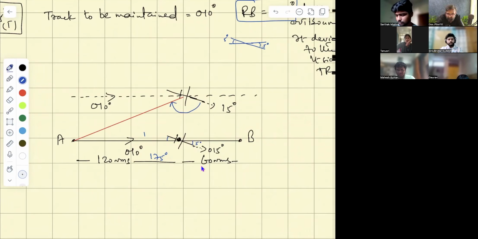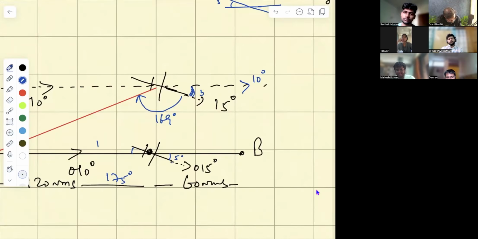How much have they given? 169 degrees. See, if this is 10, this is 15, how much is this angle? Like this one, 5 degrees. So this is 5 degrees. If this is 5, this is also 5 degrees.